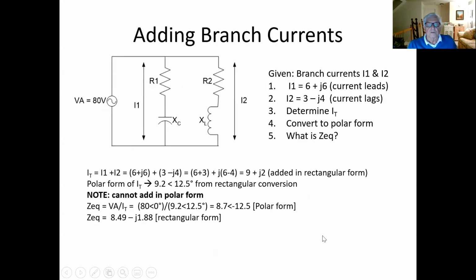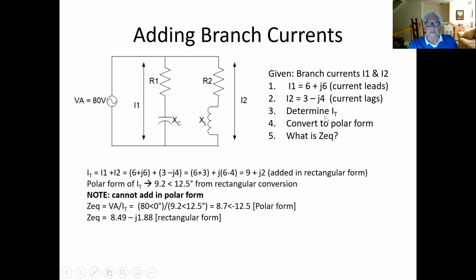So suppose we wanted to add branch currents. We've got branch current I1 and branch current I2. I1 is 6 plus J6, current leads. And I2 is 3 minus J4, current lags.